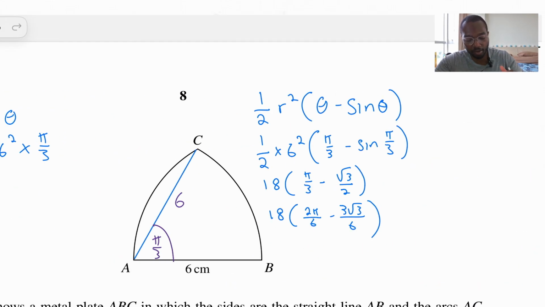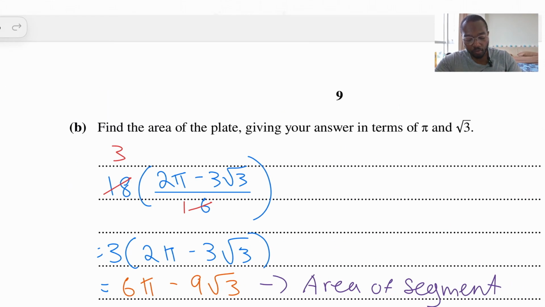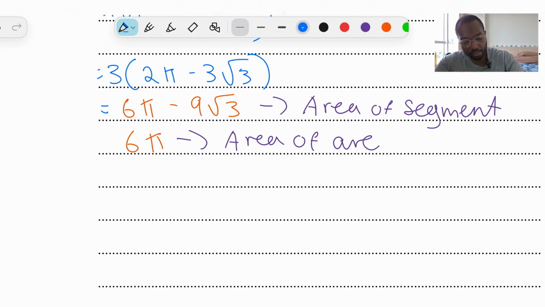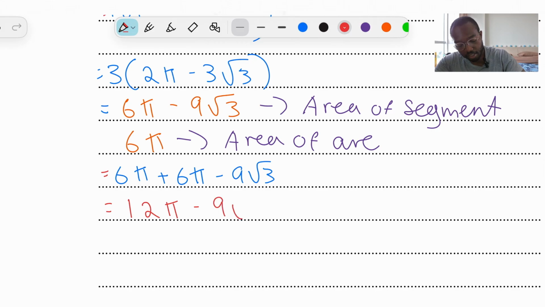Therefore, if we want to work out the area, we just need to add them together. So we get 6π plus 6π minus 9 root 3. Therefore, we get 12π minus 9 root 3.